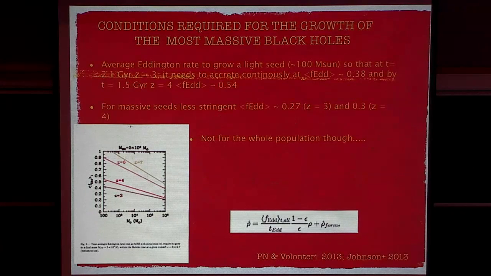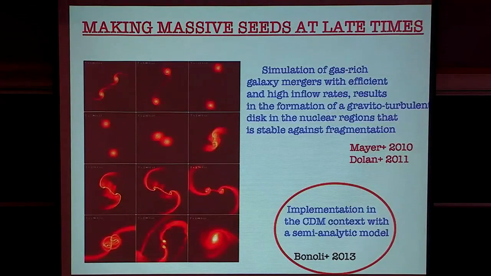But again, the one thing we need to remember is that finding an individual galaxy or quasar at redshift 7.5 or 8, which has a 10 to the 10 solar mass black hole, is not a challenge to the model. It's actually about describing the populations. Now I want to talk briefly about some new ideas that I think are extremely interesting. This is an idea that I think Lucio and his collaborators will hopefully talk about, which is making massive seeds.